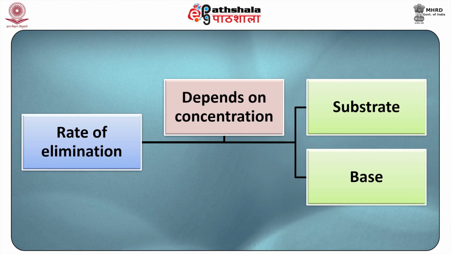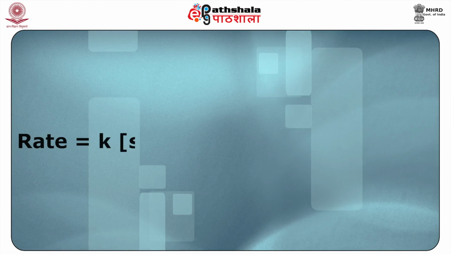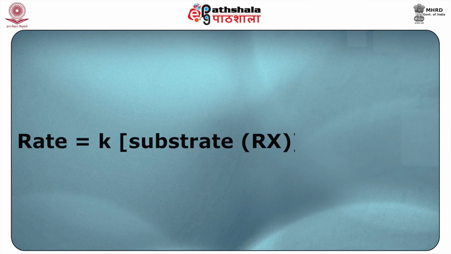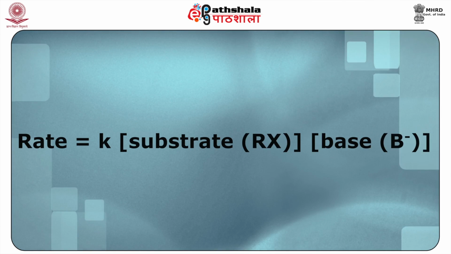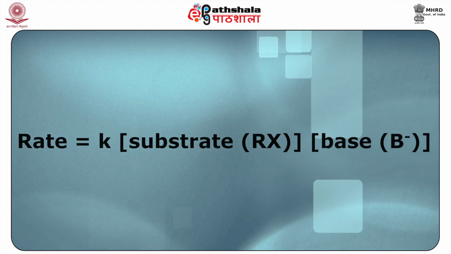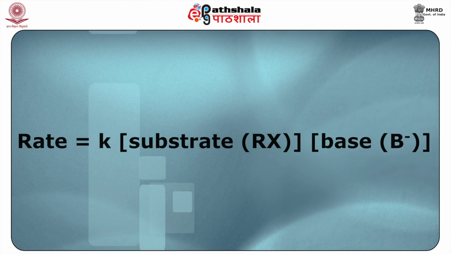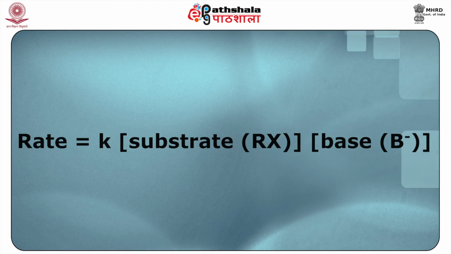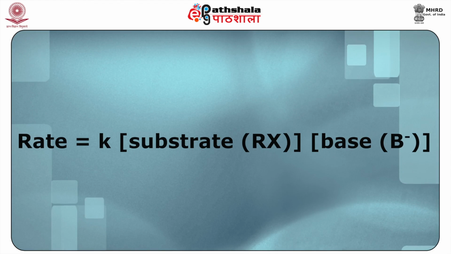This is kinetically a second order reaction, first order with respect to substrate and first order with respect to the base. Thus, in the rate expression, both the substrate, which is an alkyl halide, and the base are involved, and it can be written as rate equals some constant k times the concentration of alkyl halide times the concentration of the base.